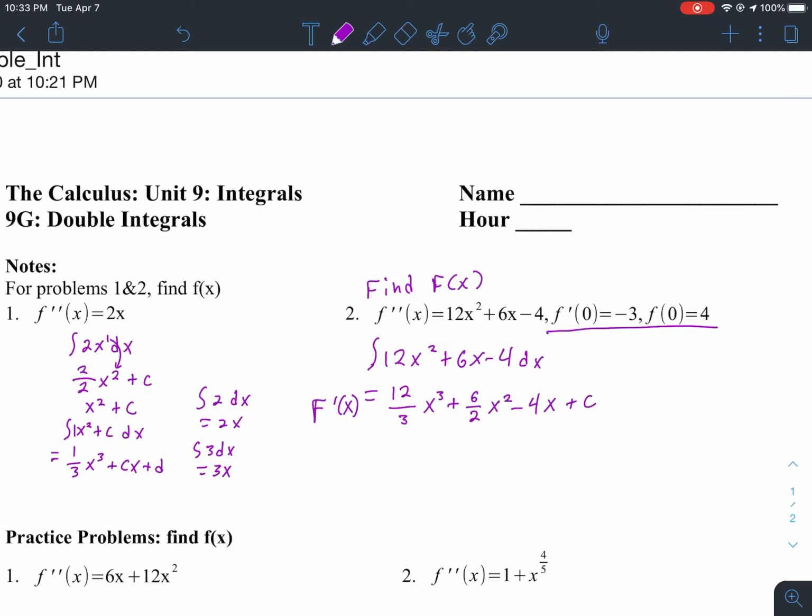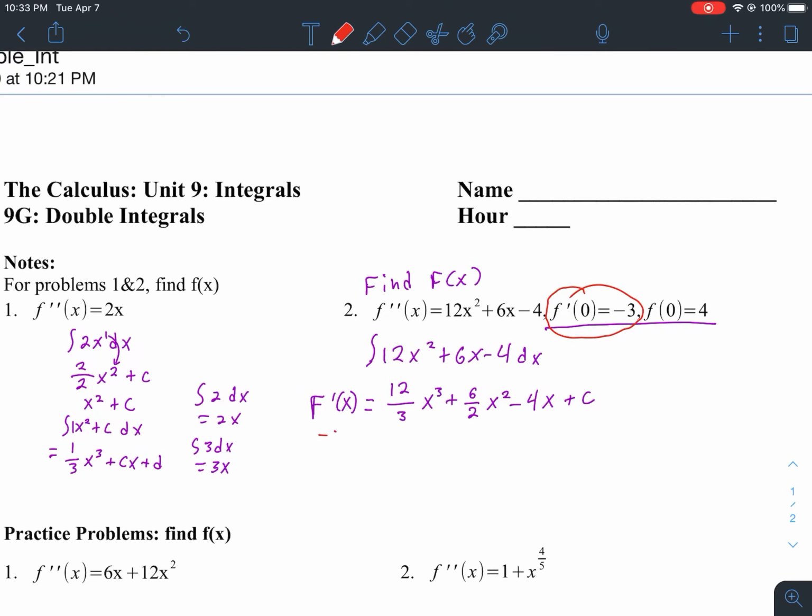Okay, now, if we look at this mumbo jumbo to the right, it says here the first derivative evaluated at 0 is negative 3. So if I put in 0 into the first derivative, I get negative 3.